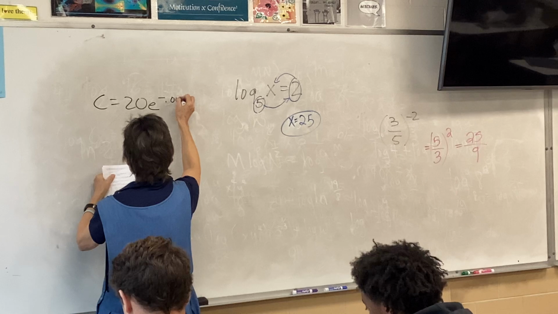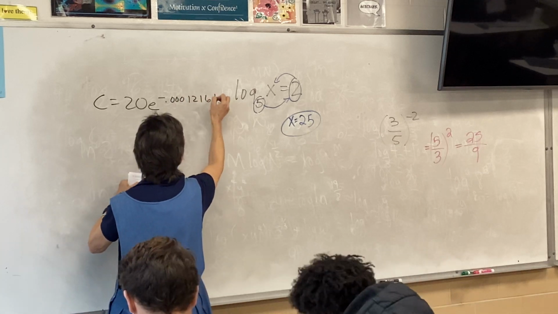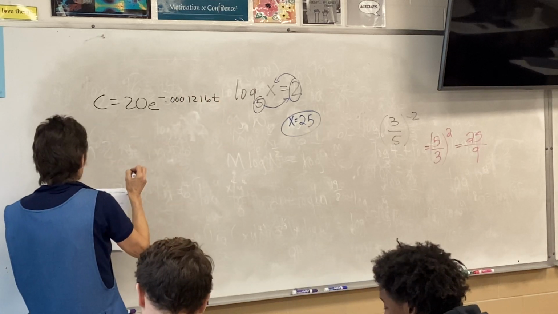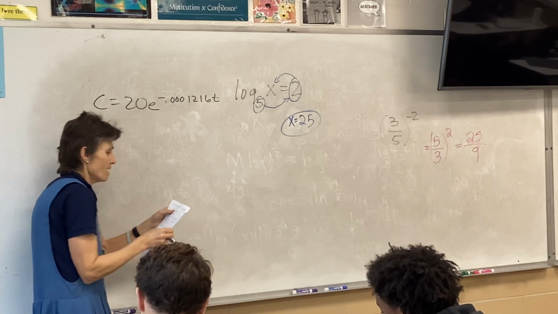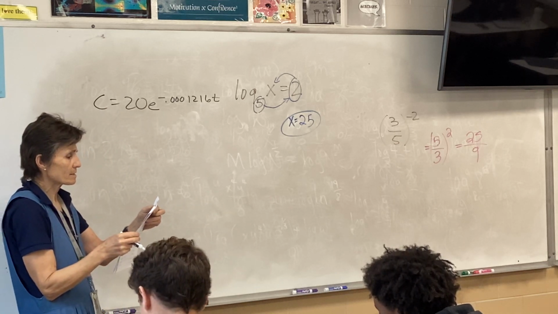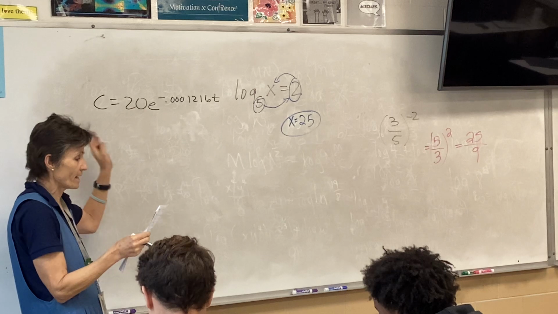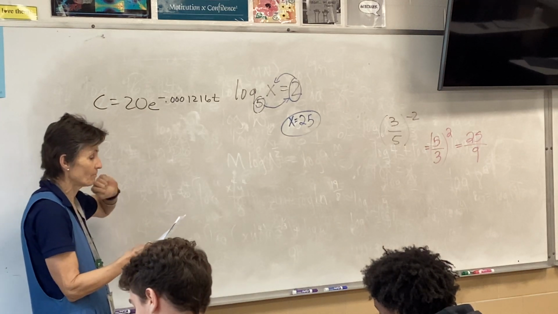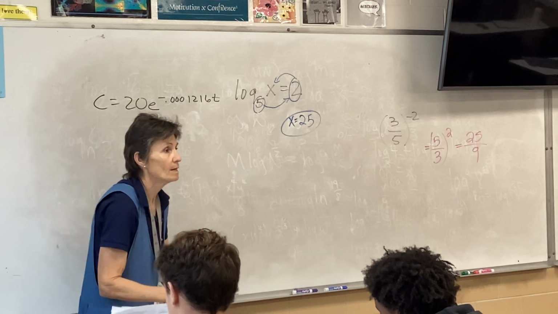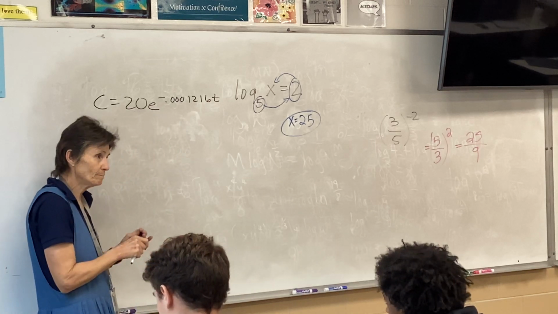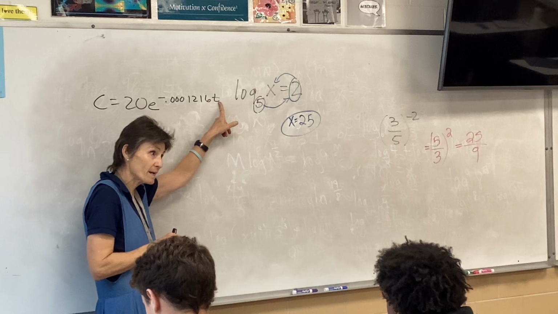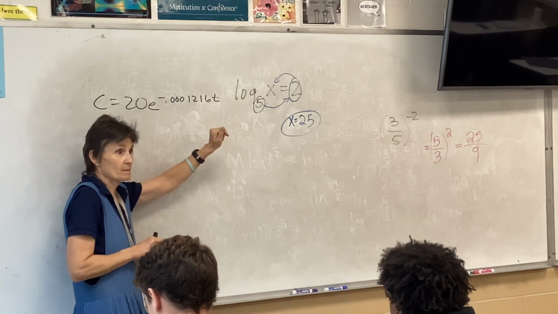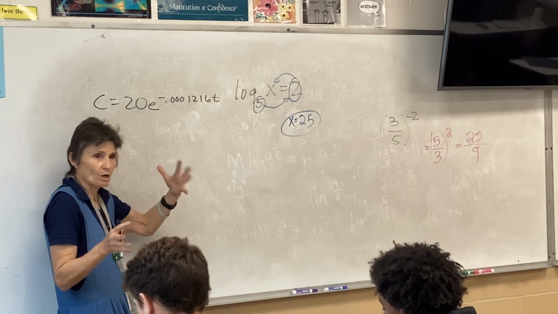The amount present in a certain substance after 2 years is given by this. Estimate the half-life of carbon-14. So what does half-life mean? The amount of time it takes to end up with half of what you started with.